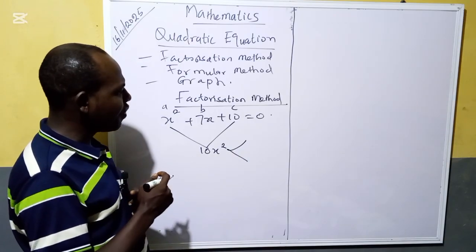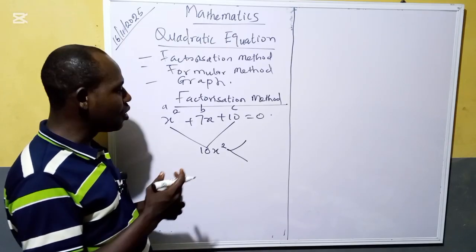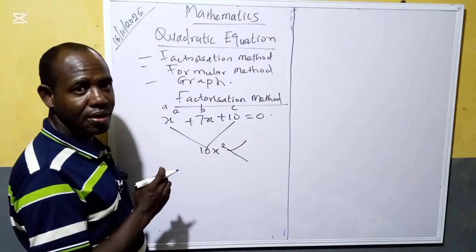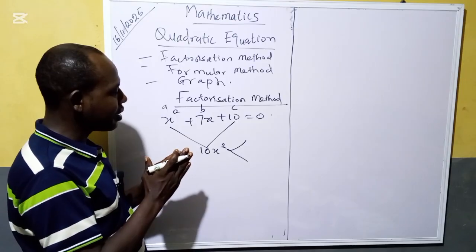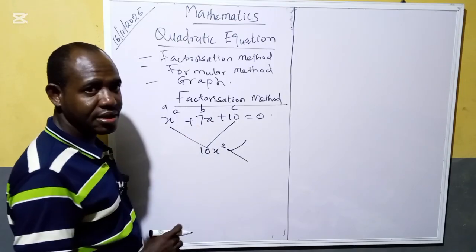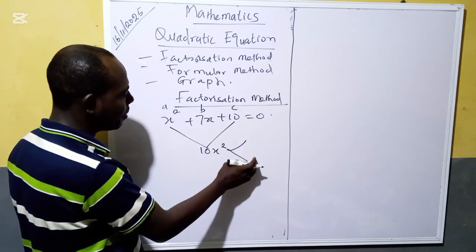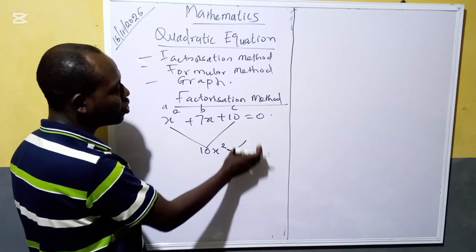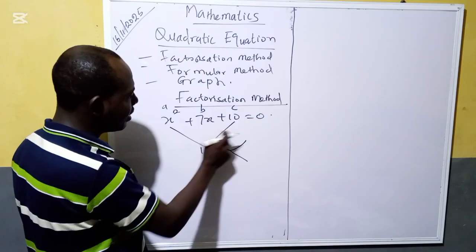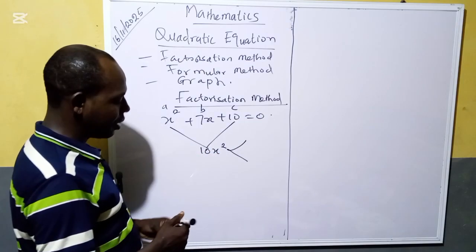Now, you are going to find two numbers such that when you multiply them together, they will give you 10x squared, and when you add or subtract them, it will give you 7x. That is, this 7x, when you add the two numbers, it will give you 7x, or you subtract them, give you 7x. And when you multiply them together, you are going to get 10x squared.